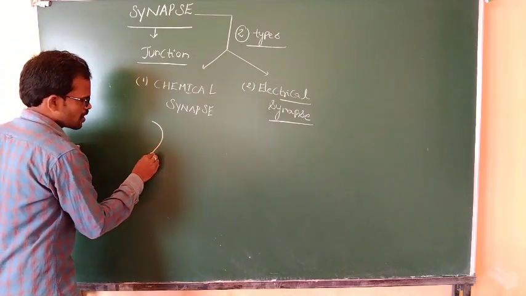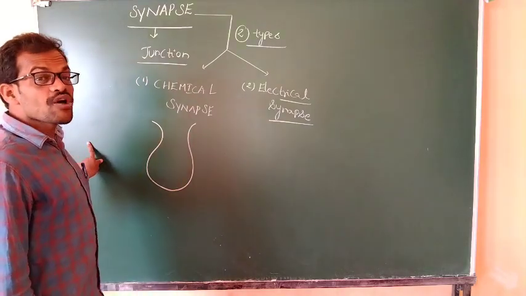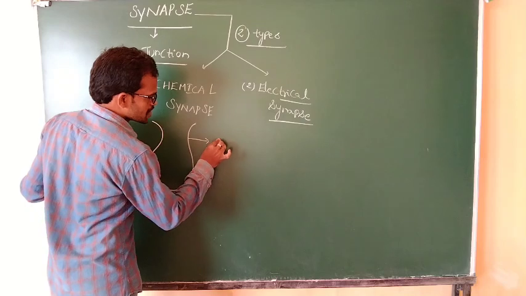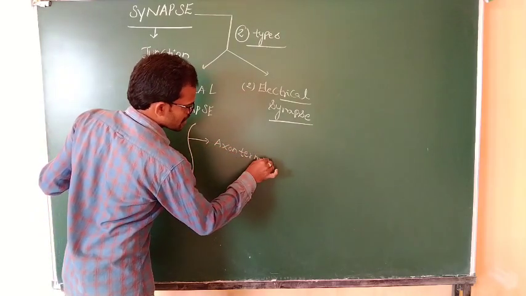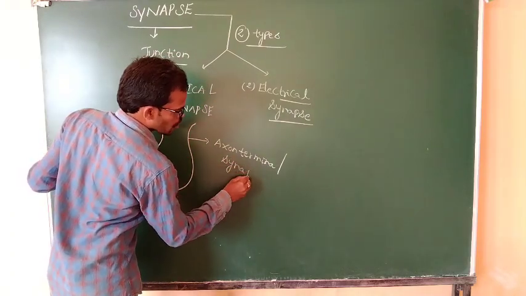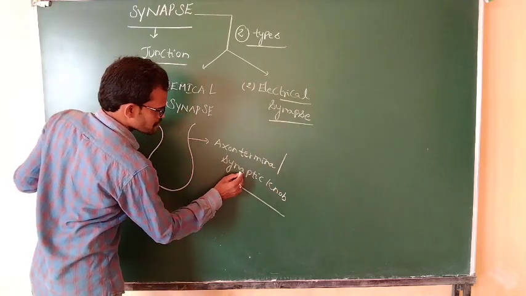If you observe the chemical synapse, there is the axon terminal, also known as the synaptic node.